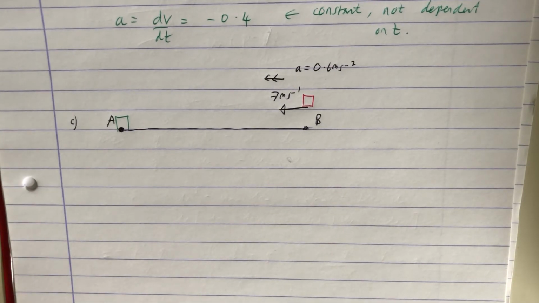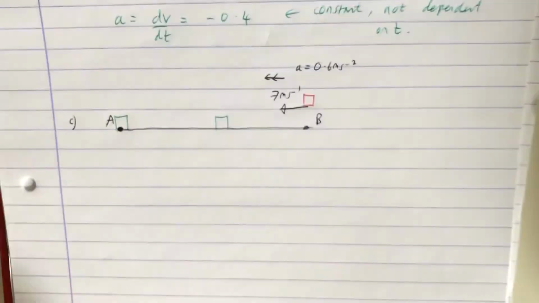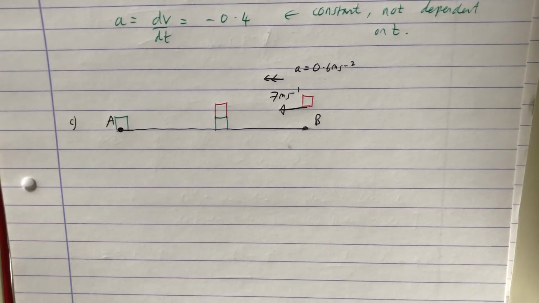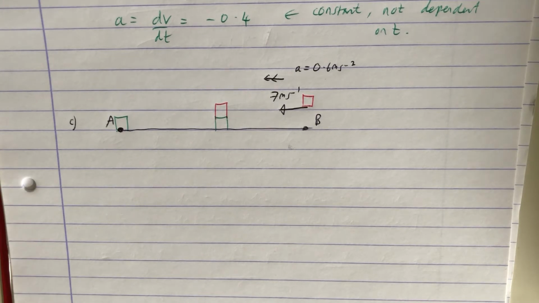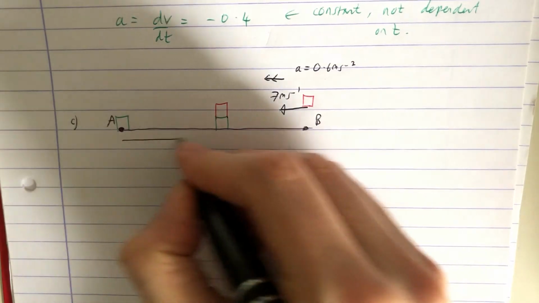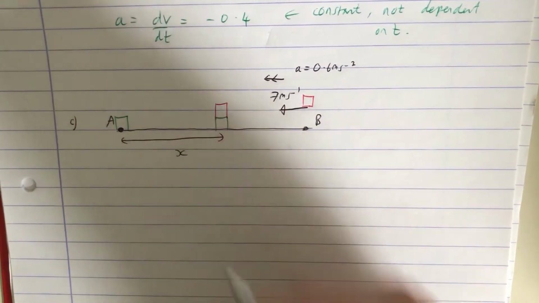At some point, the bird's going to be just above the train. And let me just check the question. They want you to find the distance from A. So the distance they'd like you to find is this, which I'll call x.